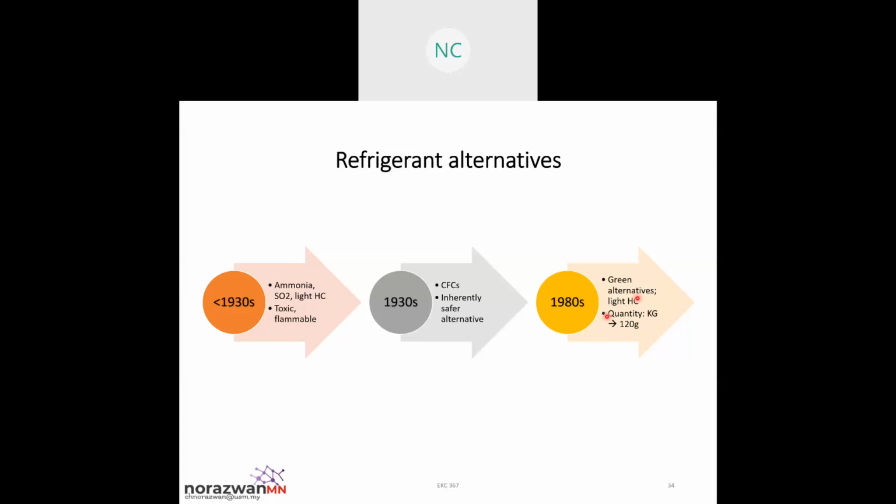If you look at the back of your refrigerator, there will be a tank where the refrigerant is stored, behind your refrigerator. That's the hydrocarbon that will be used for your refrigerant.